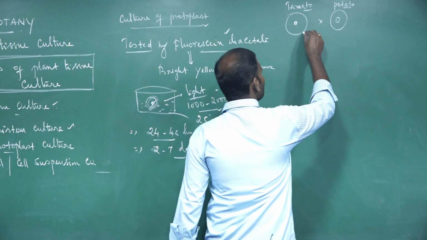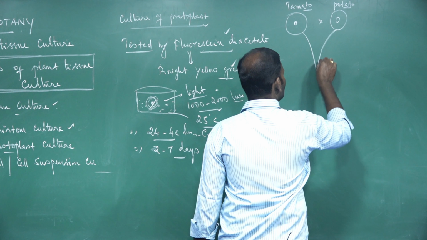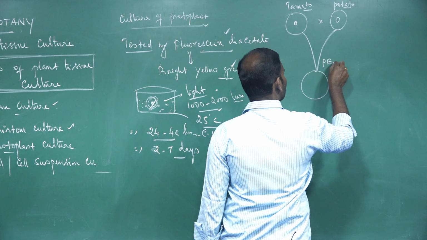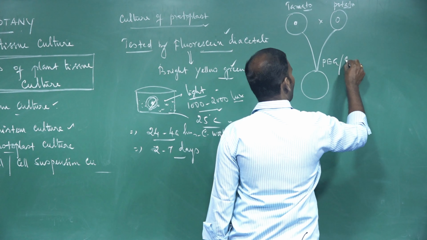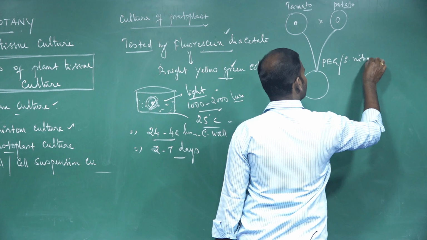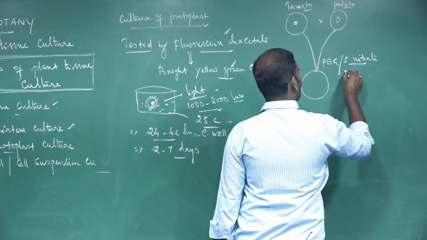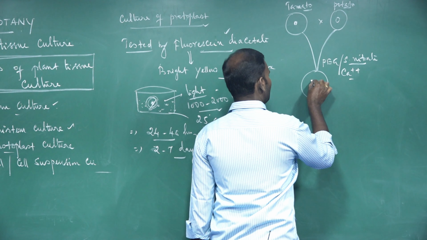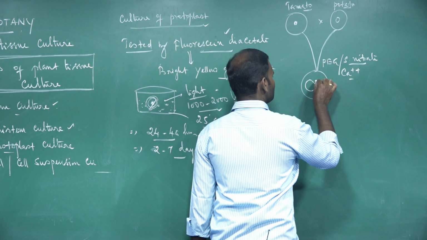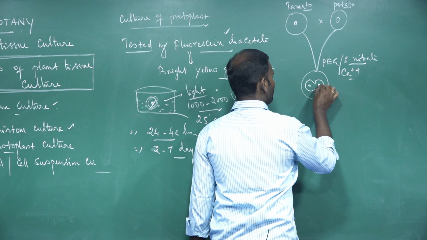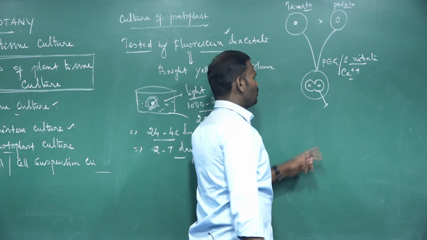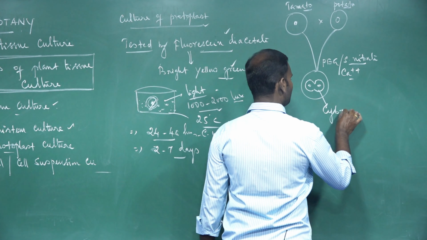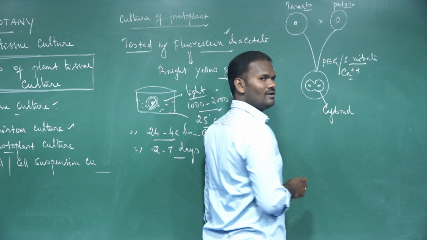How are they fused? With the help of a fusogenic agent called polyethylene glycol, PEG, or sodium nitrate, in the presence of calcium 2 plus ions, the two different protoplasts are fused together. Only the cytoplasm of the cells is fused together, not by nuclear fusion.